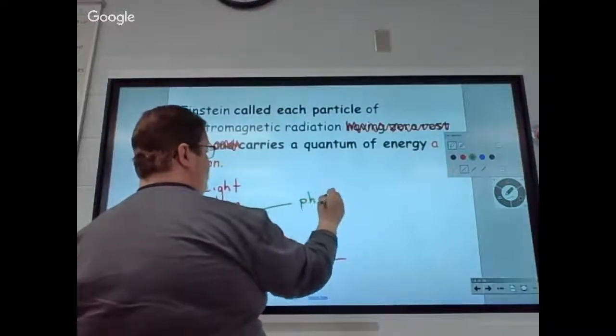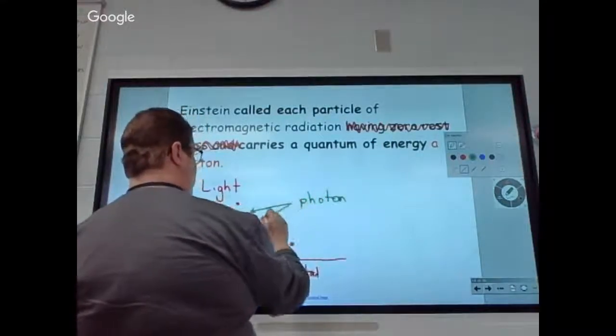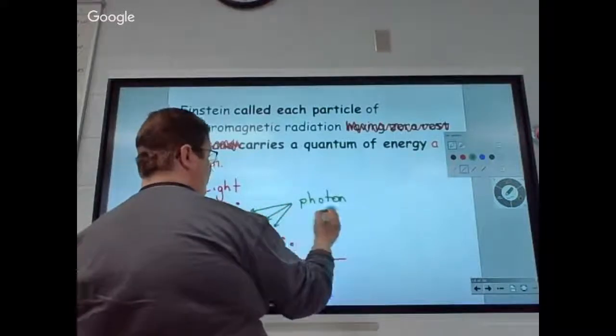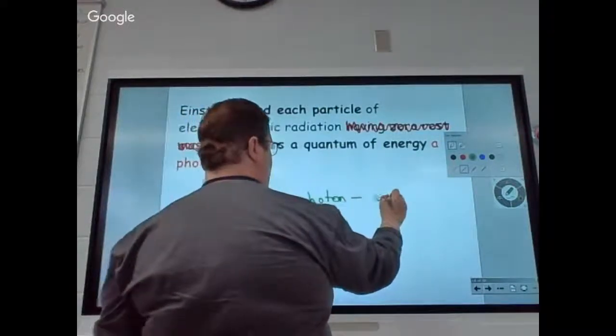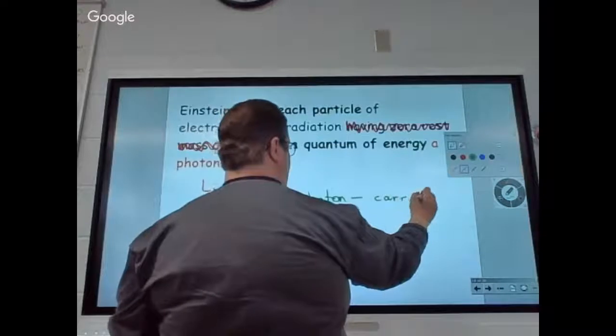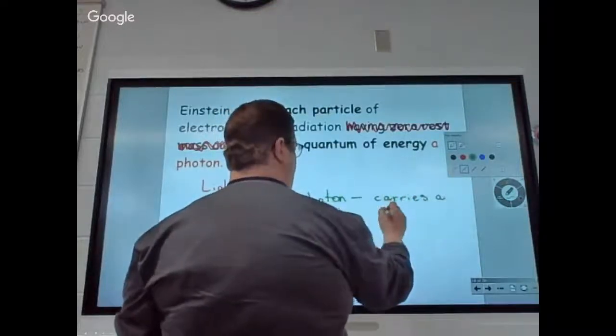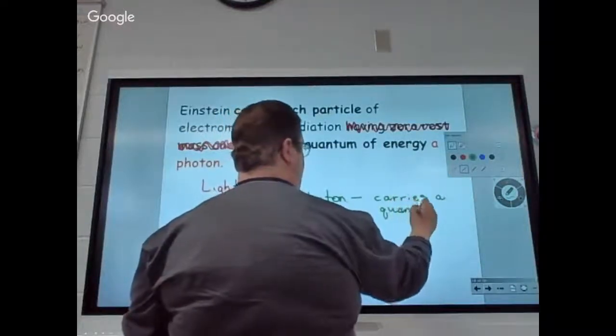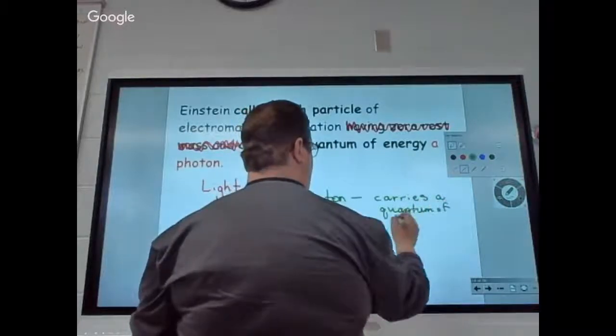Each of these particles is a photon. And it carries a quantum of energy.